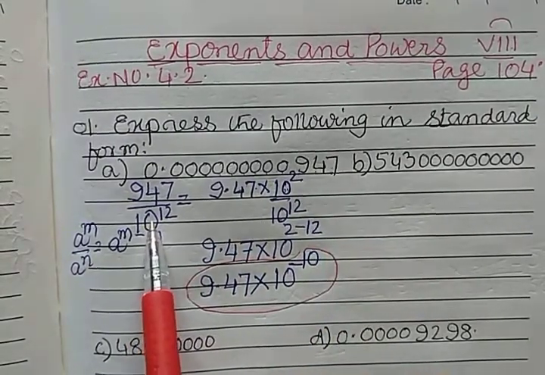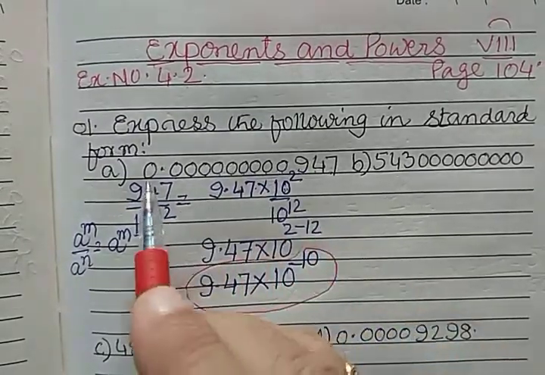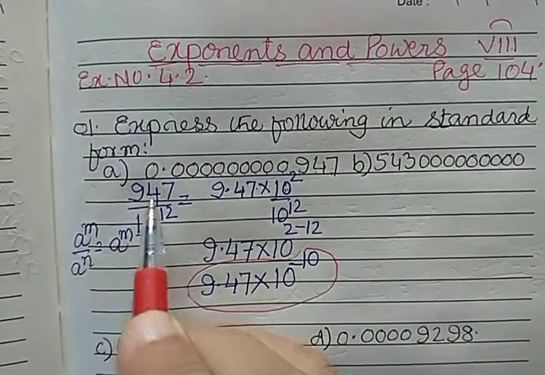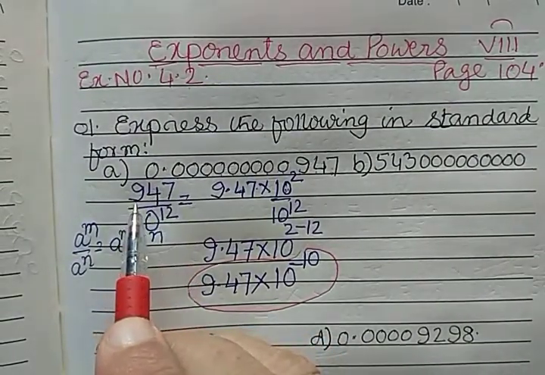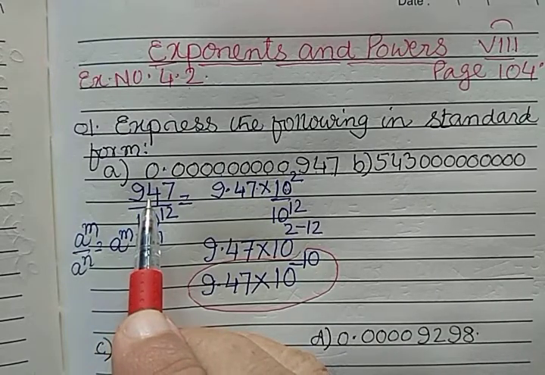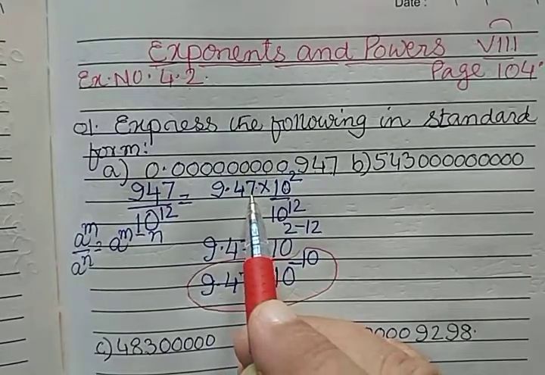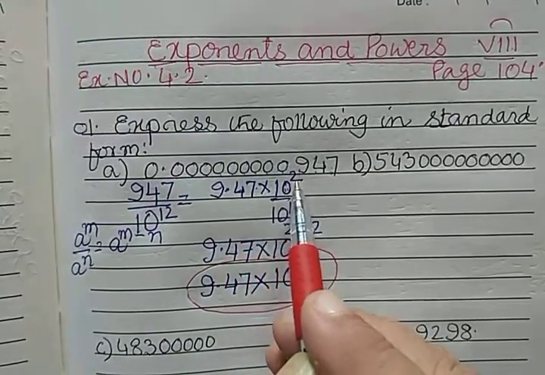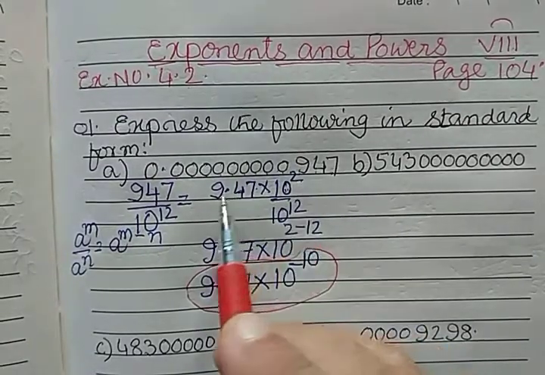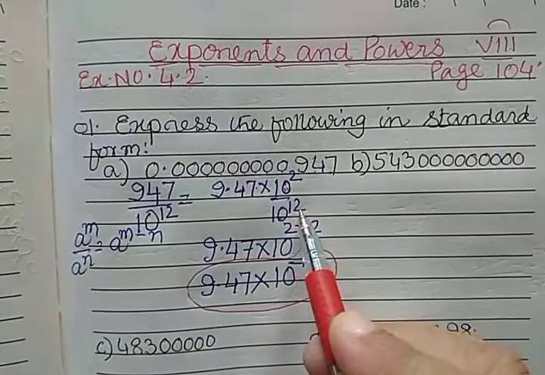So in the denominator you have 10 to the power of 12, and in the numerator you have 947. You should write it as 9.47. To write it as 9.47, you have to multiply by 10 square. So you get 9.47 into 10 square by 10 to the power of 12.